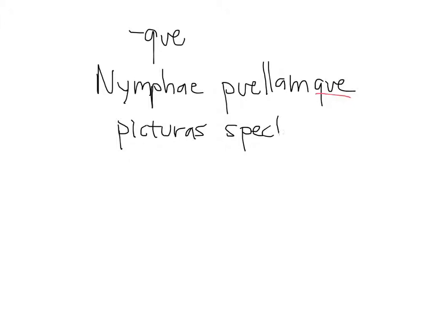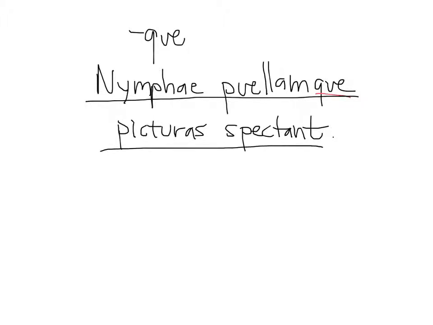So this sentence would translate as, the nymphs and the maidens, or the nymphs and the girls, look at pictures. The weird thing about que is that it's translated into English before the word that it goes at the end of. Do you see what I mean here?